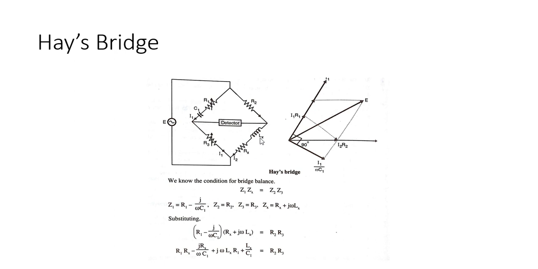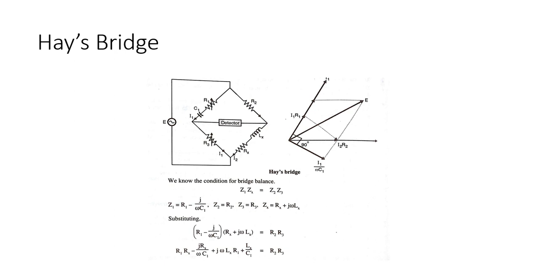One important thing to keep in mind with this AC bridge is that for the balance condition we have to talk about impedance, not resistance, because in AC circuits there may be capacitance and inductance.